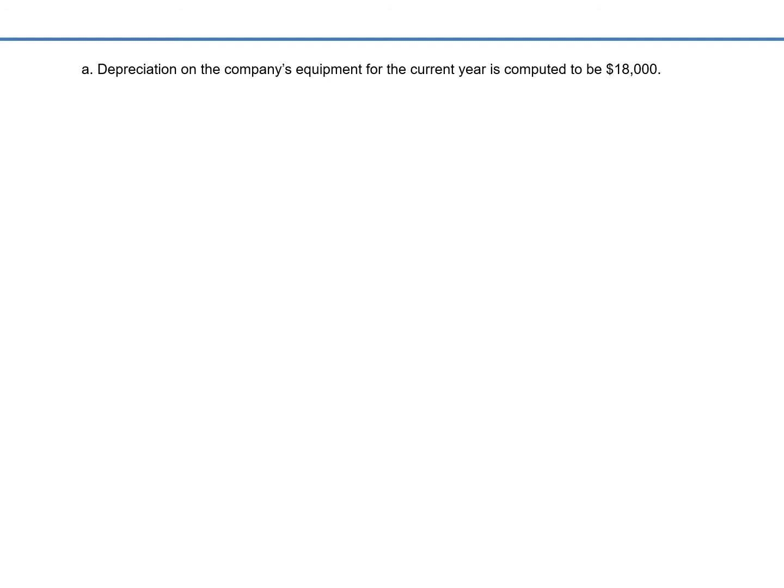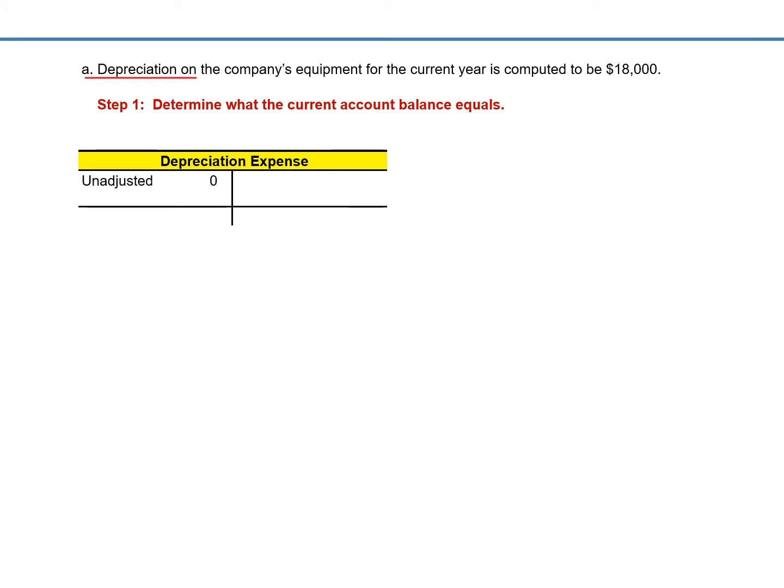So question A, or part A. Depreciation on the company's equipment for the year is computed to be $18,000. So we're talking about depreciation expense, right? So what's our current account balance equal? We can presume 0. What does it need to equal? 18,000, right?